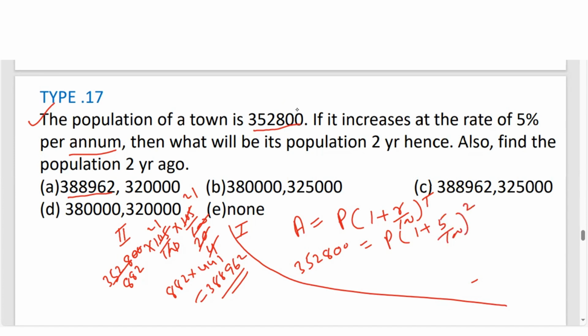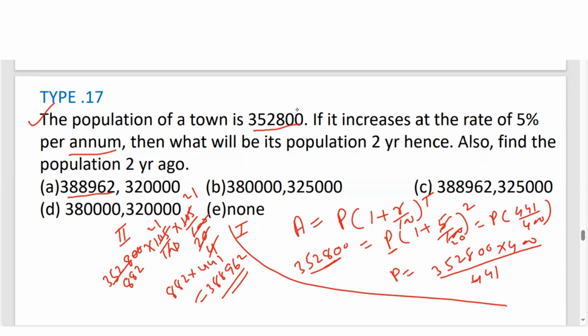So we need to find this: if the original value was this, then how does this number come. P multiplied, same concept here, 20 plus 1, 21 by 20. You can save your time: directly 441 by 400, right? Now we need P. So 352800, this number comes to this side, so it reverses: 400 divided by 441.